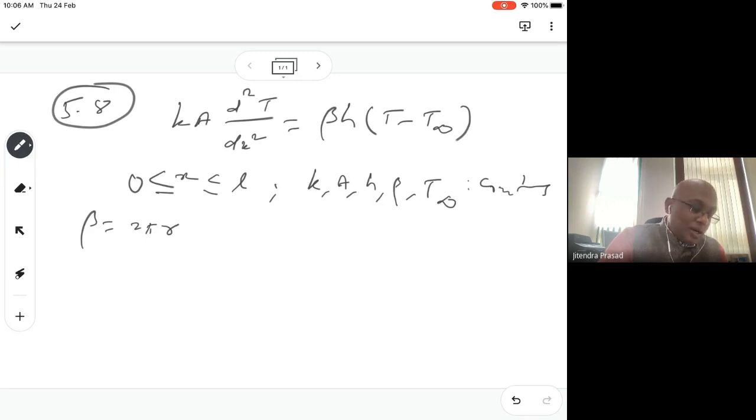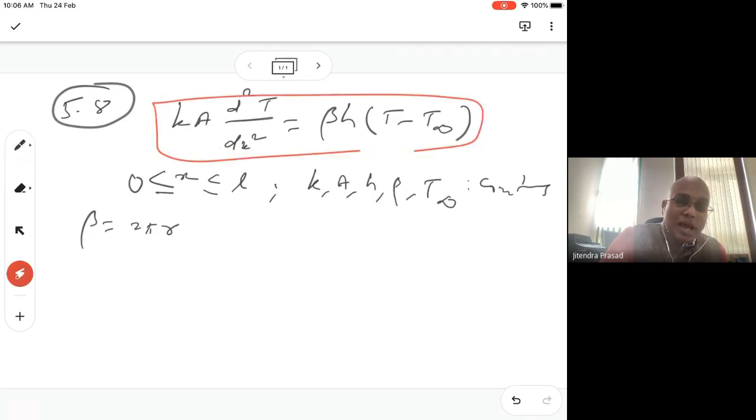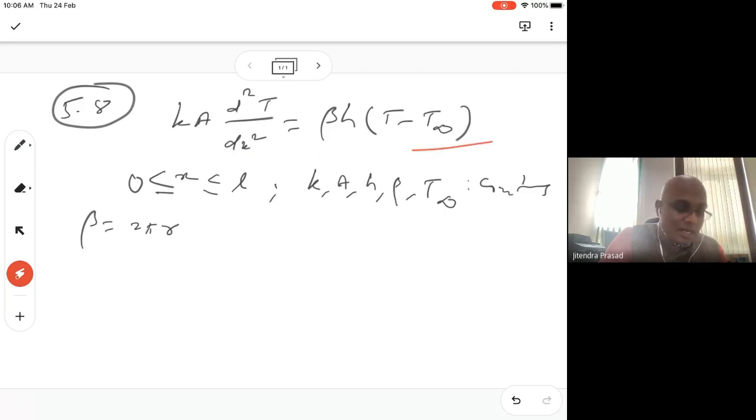We derived this in one of the lectures, and we also had the source included here, so we had plus S(x), but S(x) equals 0 in this case. There is no body source, so finally it will come like this.